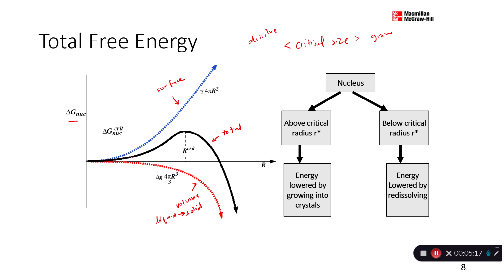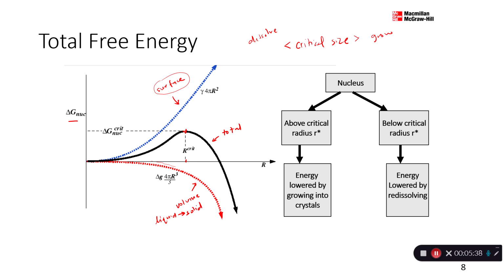But at the same time, energy is increasing because more surface is formed. So at the critical radius, this is the turning point.